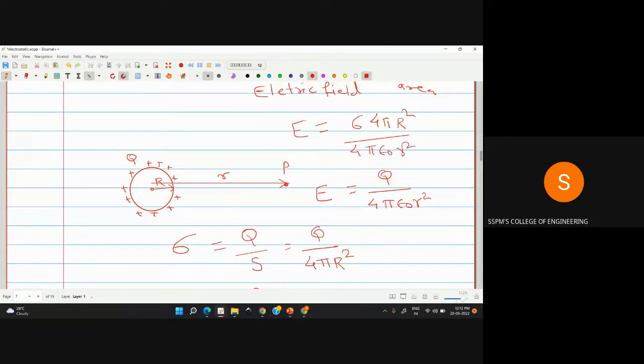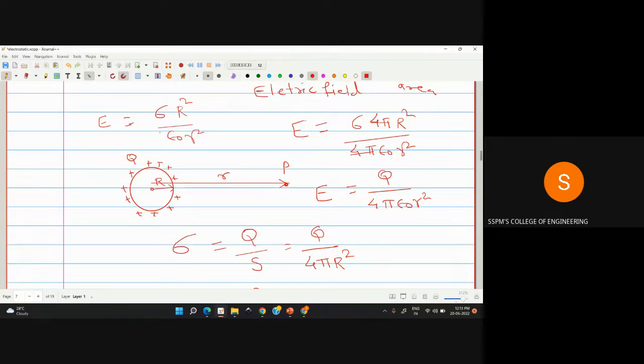Now you may cancel the 4 pi, and the electric field in terms of small r, capital R and surface charge density is sigma into capital R square divided by epsilon 0 into small r square.